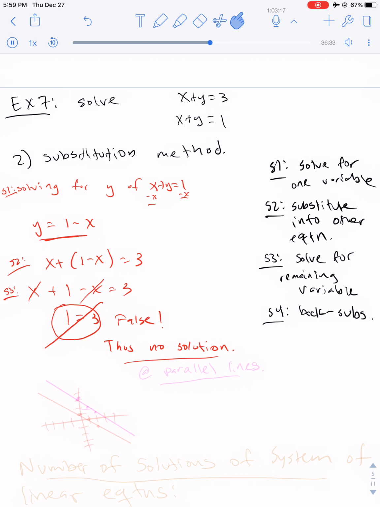Now, if we represent this on a graph, we have 1, 2, 3, 4, 1, 2, 3, 4, and sorry, my lines will not be perfect. So the first one is y equals 1 minus x, so y-intercept of 1, down 1 over 1, down 1 over 1, and so on.